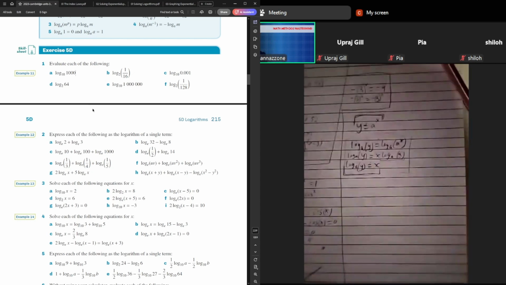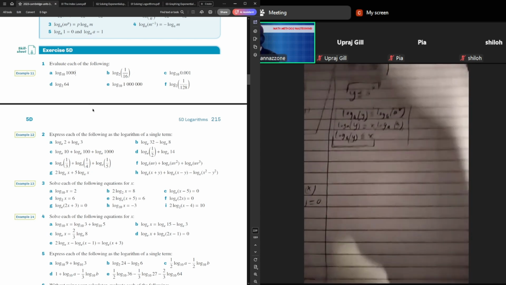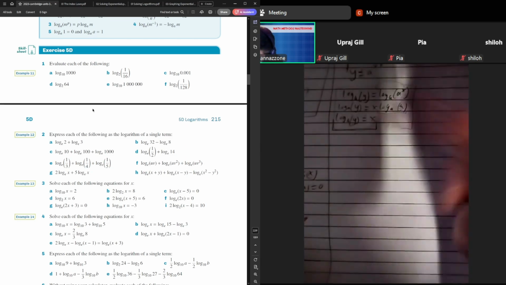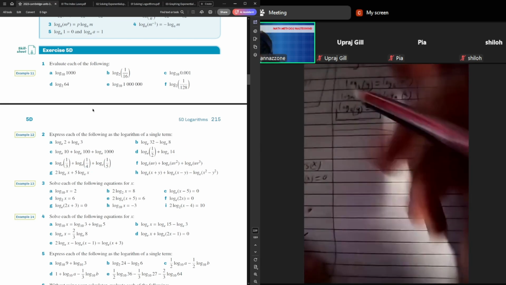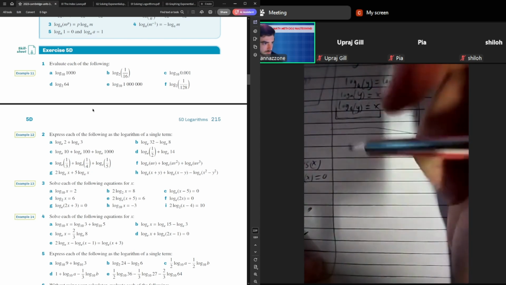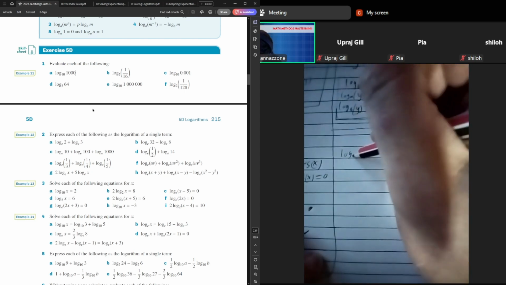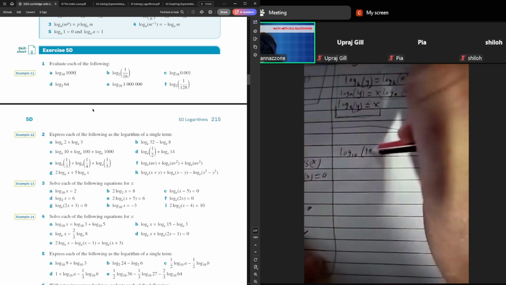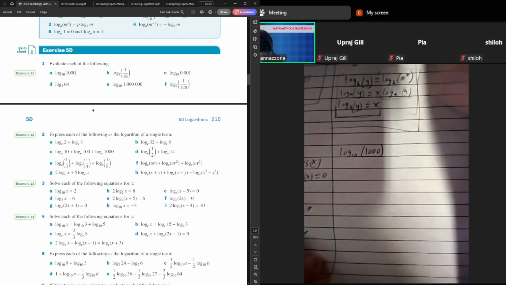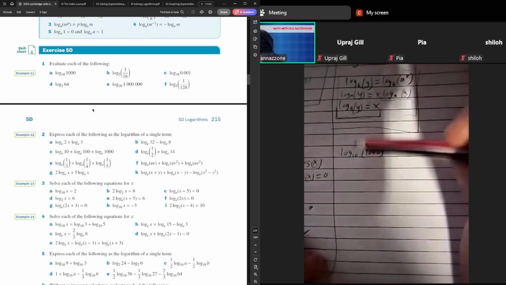We didn't really talk exactly how you evaluate a logarithm. It is just converting to exponential. So I'll write it down on the handwritten notes first. Log 10 of 1,000. There's a couple of ways you can solve this.